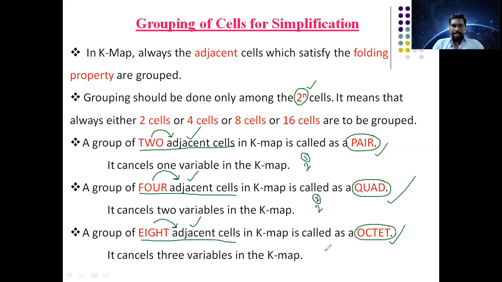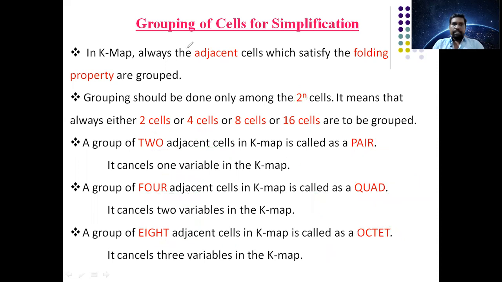And an octet means 8, which is 2 cube, so 3 variables can be cancelled here. A pair can cancel 1 variable, a quad can cancel 2 variables, and an octet can cancel 3 variables in a K-map. These are the important basic points you need to remember.